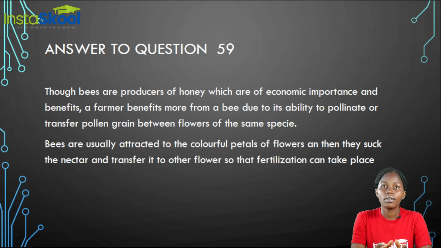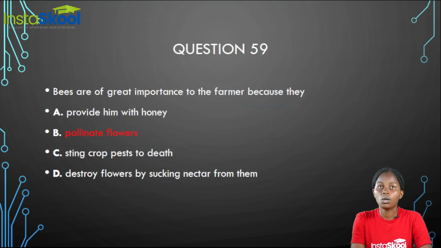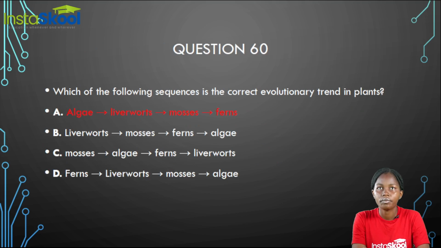Usually, the bee is attracted to the colorful petals of a flower. They can suck the nectar and even transfer some of it to another flower in order for fertilization to take place. So, of all options, option B is the most correct because bees help to pollinate flowers, and this is why they are of great importance to farmers.